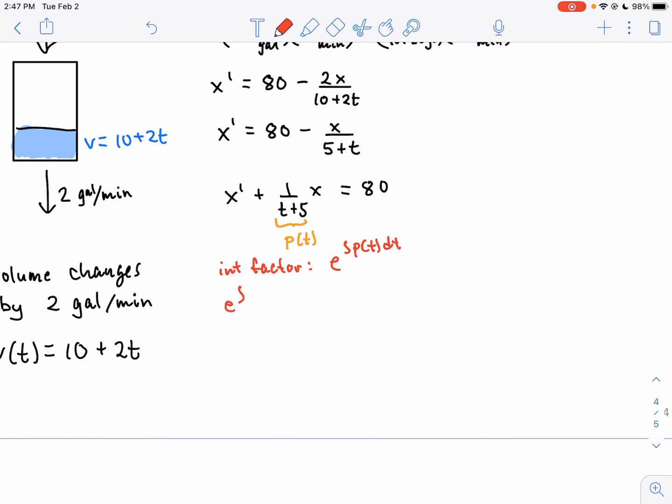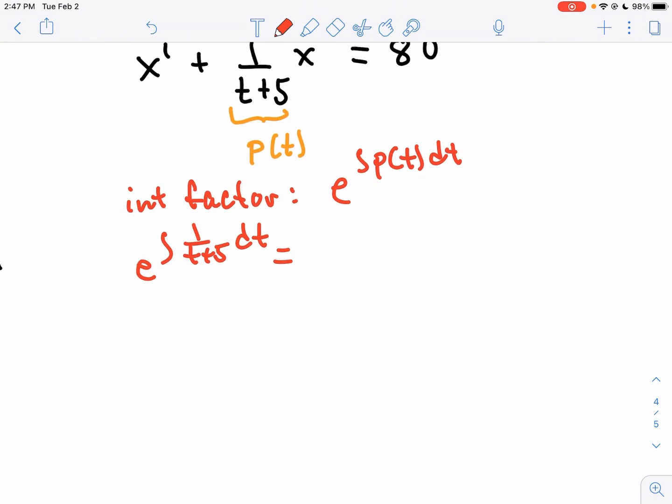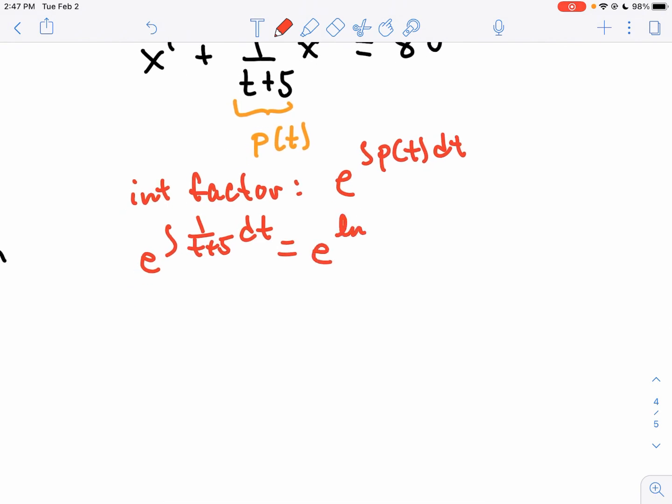So that gives us e to the integral of 1 over t plus 5 dt. The integral of 1 over t plus 5 just winds up being a nice clean natural log of t plus 5. We can cancel the e and natural log and just go with the positive version of this. T plus 5 will be an acceptable integrating factor.